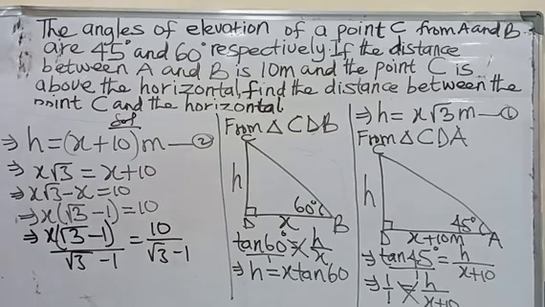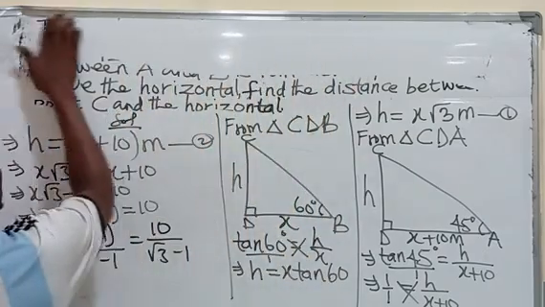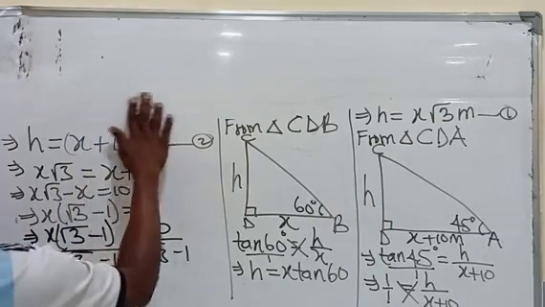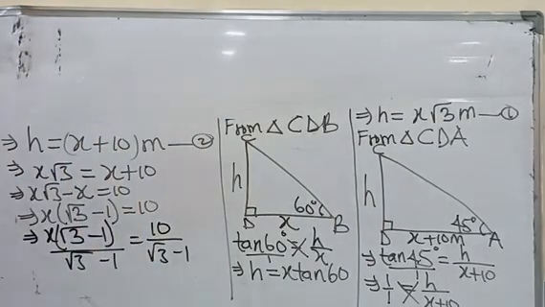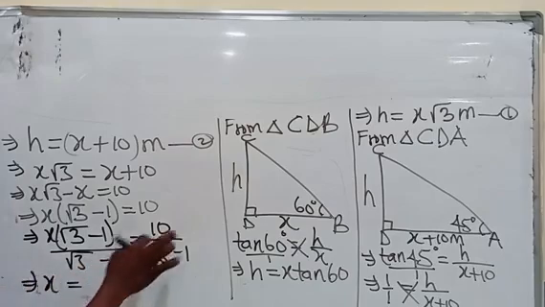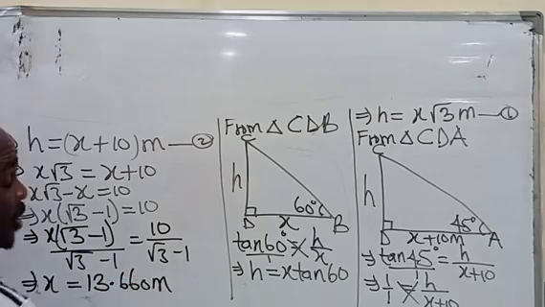Now, let me clean this here. Okay, so from here, my X will be equal to 10 divided by root 3 minus 1 will give us 13.660 meters. You can test it with your calculator.